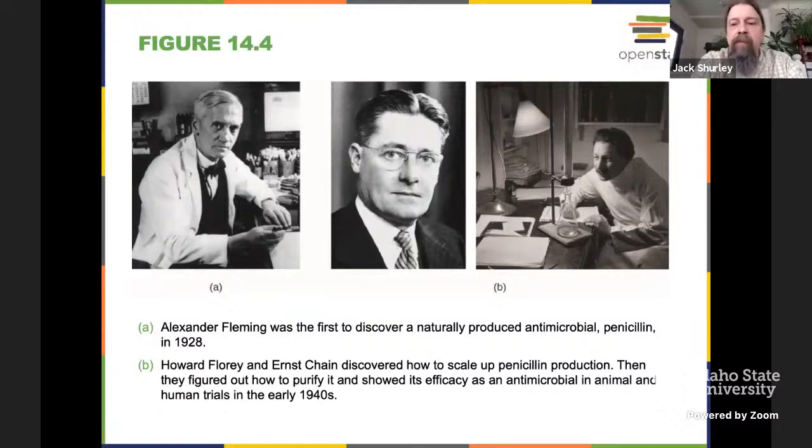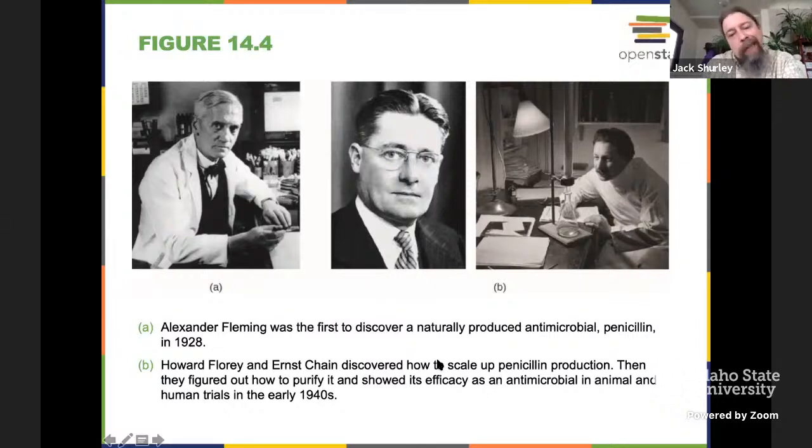And it made him wonder, what is it that this fungus is doing that's preventing the bacteria from growing in the first place? So the organism was Penicillium, which ultimately, through purifying the specific substance, gives us penicillin. So kind of interesting with that. So he's first to actually discover that some of these fungi, Penicillium specifically in this case, has some antimicrobial properties.